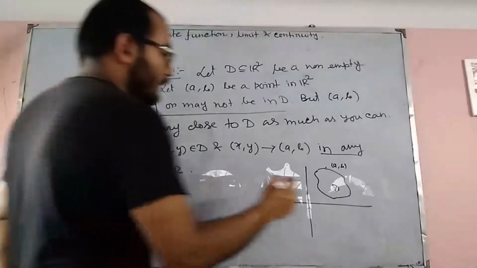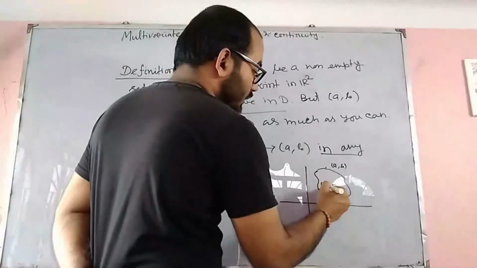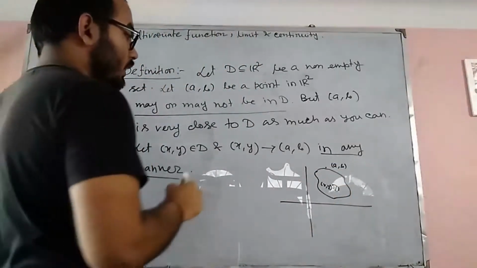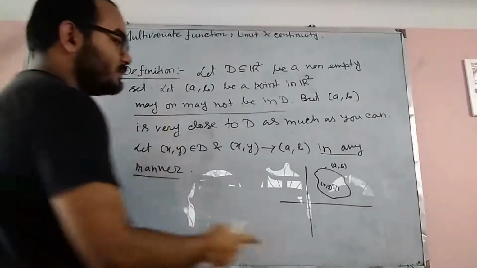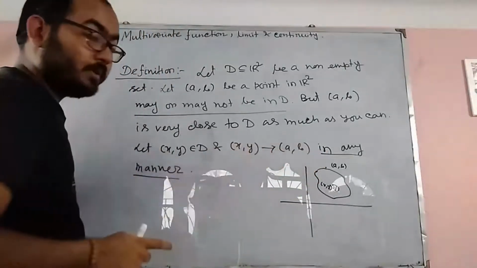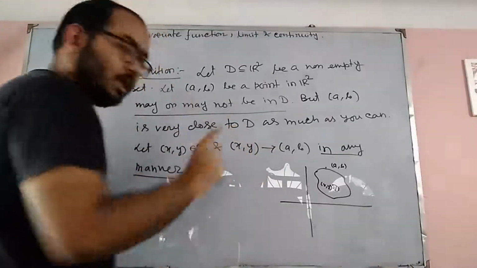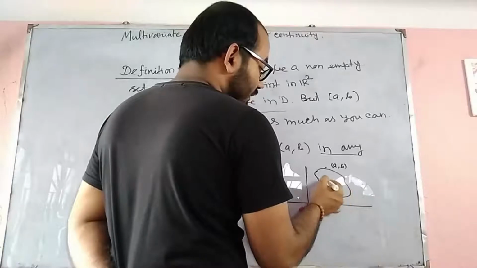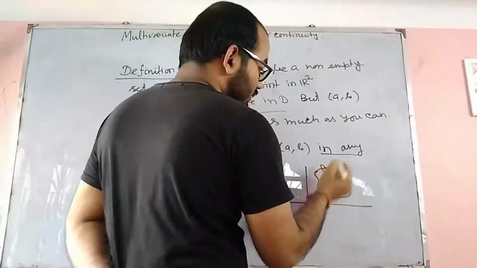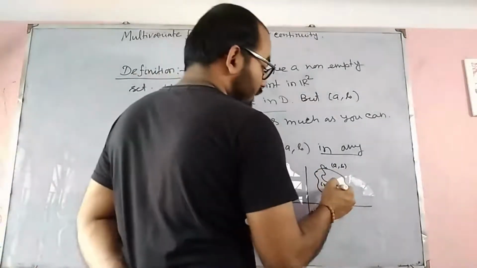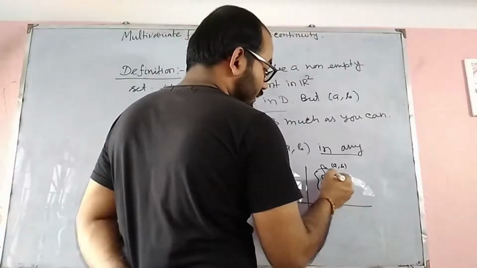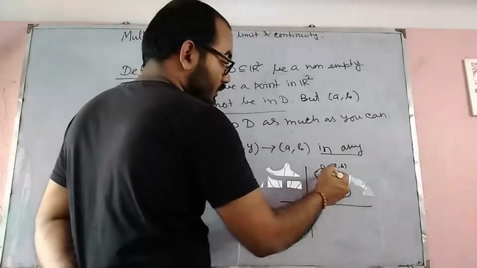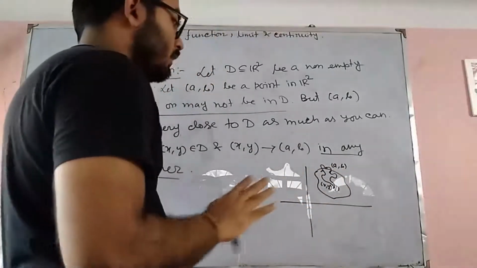Now I consider another point in D and tend this point to (a, b) in any manner. In any manner means you can travel to this point through this path, or you can travel to this point through this path.